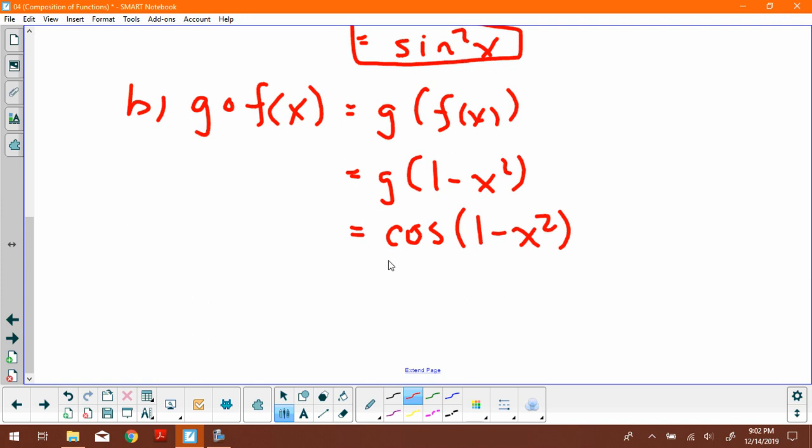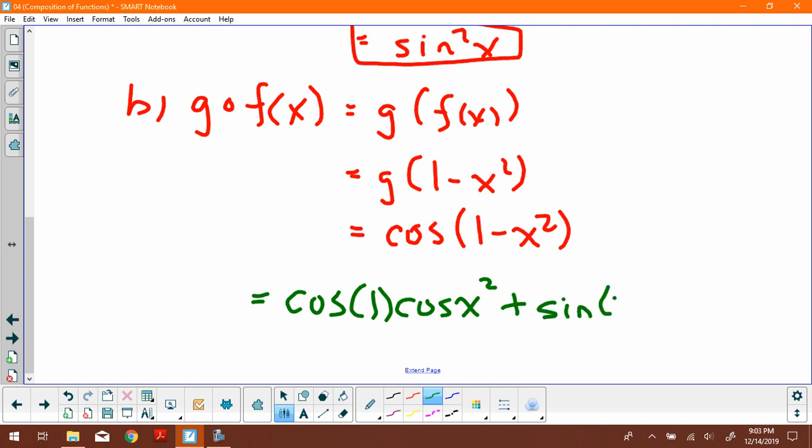I suppose we could break it apart with the subtraction formula, but that would probably just make it a little bit messier in some ways. Although, while we're here, why not? Let's try that out and see what happens. So this would be cosine of 1 cos of x squared plus sine of 1 sine of x squared.